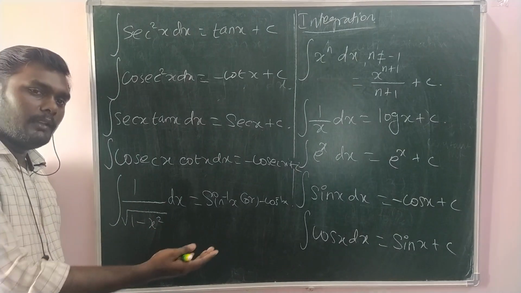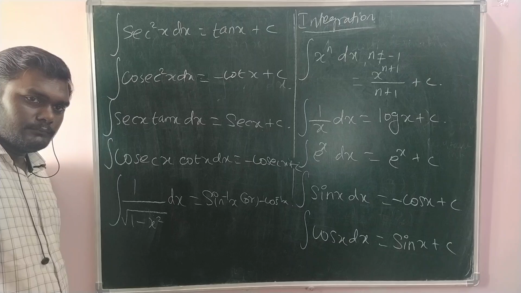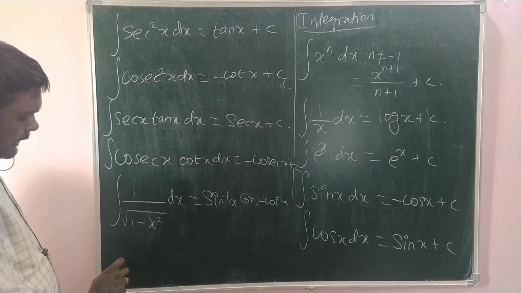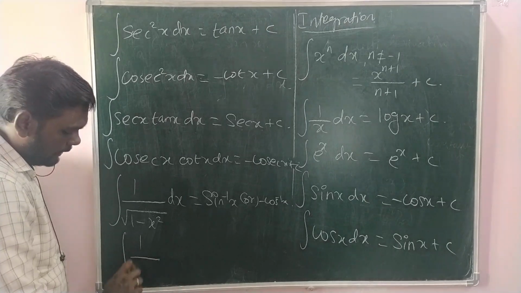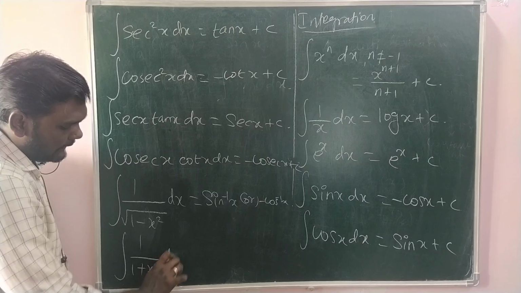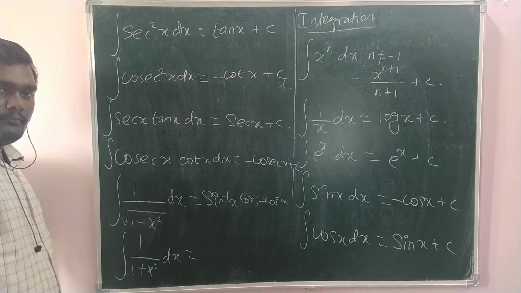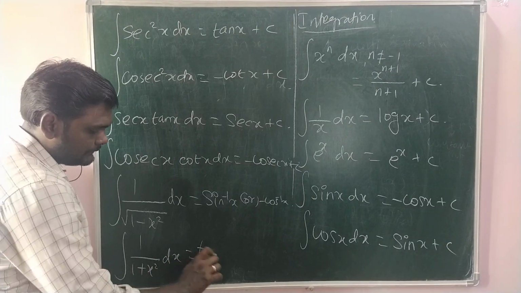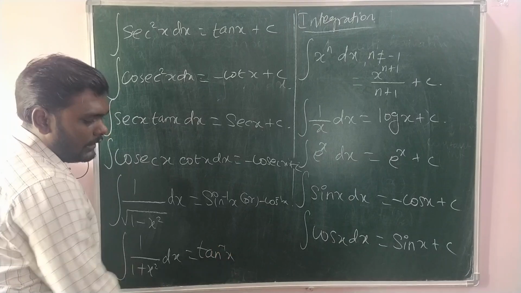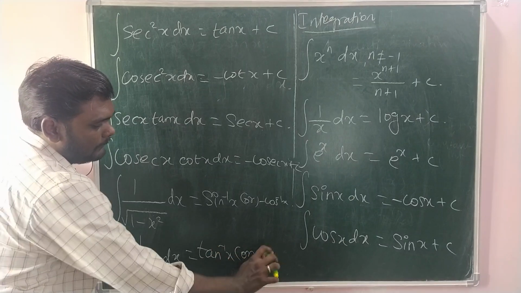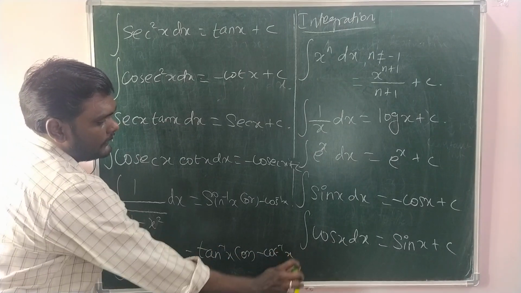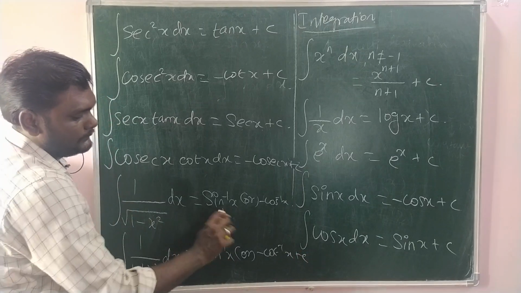Alright, because we have two formulas, right? Likewise, integral of 1 by 1 plus x square dx is either tan inverse of x or minus cot inverse of x plus c.